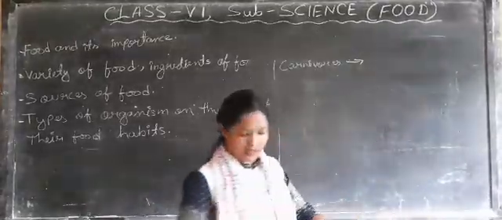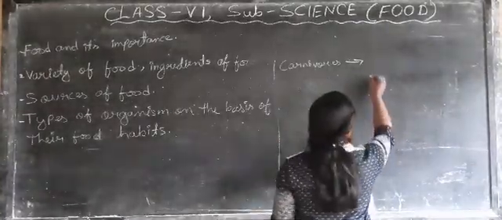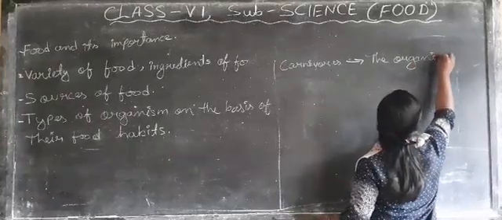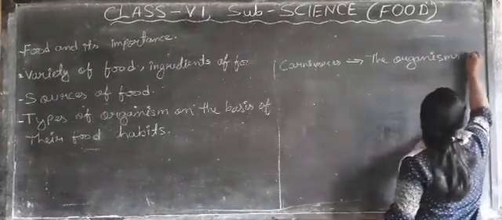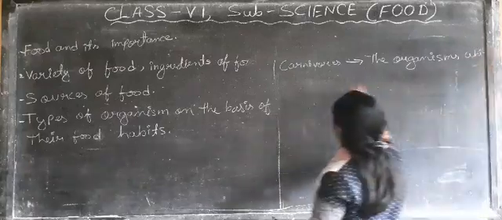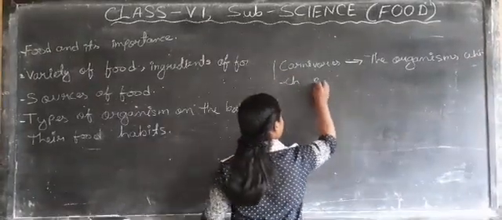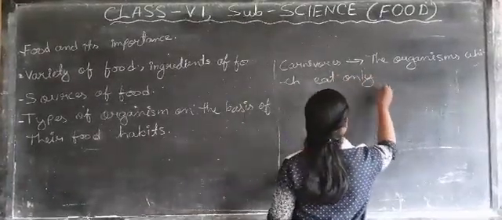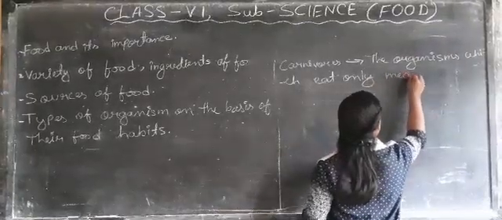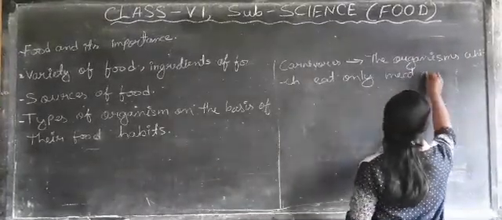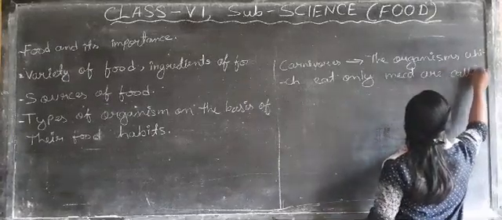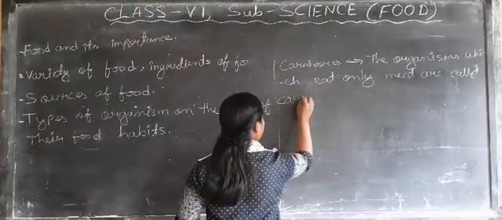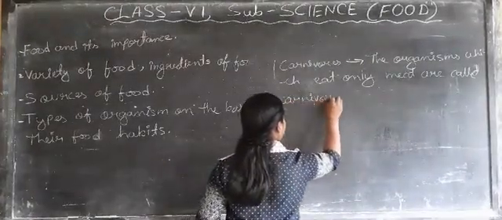Carnivores, herbivores and omnivores. Which organisms are called carnivores? The organisms that eat only meat are called carnivores.